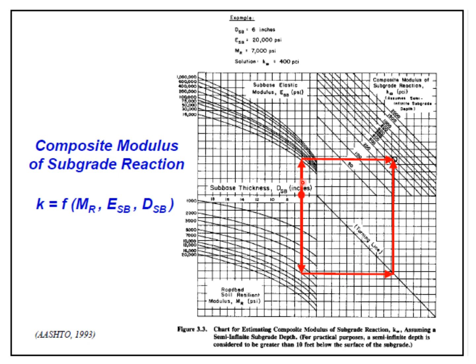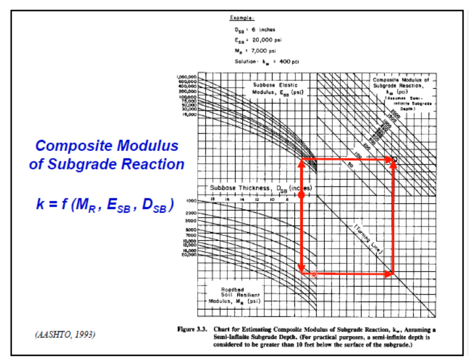So move vertically in this way and go up to that particular curve which matches the subbase elastic modulus. Now from this point you will have to move horizontally, but before that, from the point corresponding to the subbase thickness, move downwards up to the value that you have for roadbed soil resilient modulus.